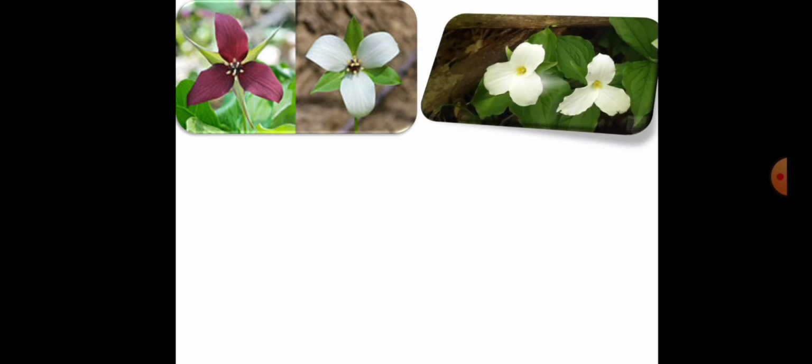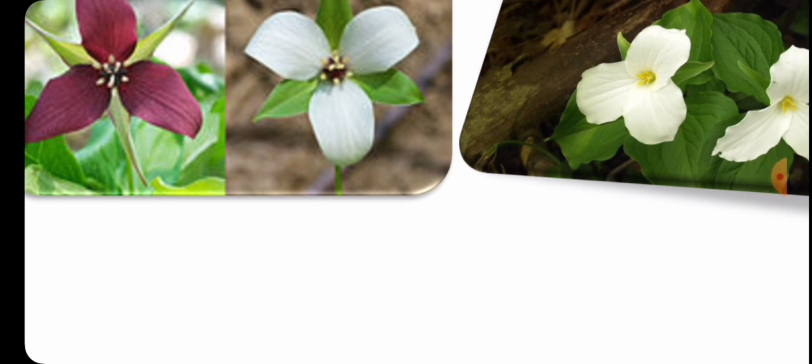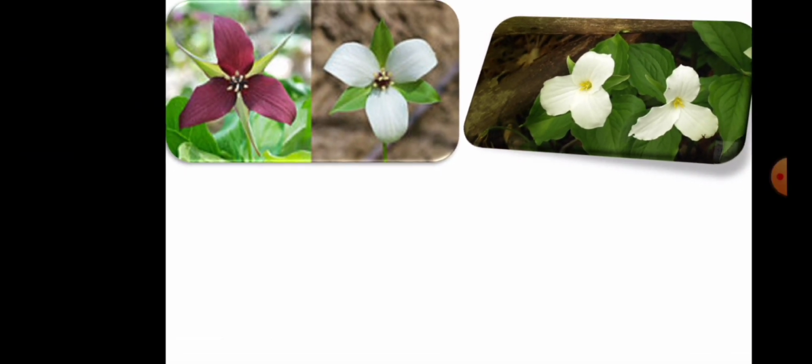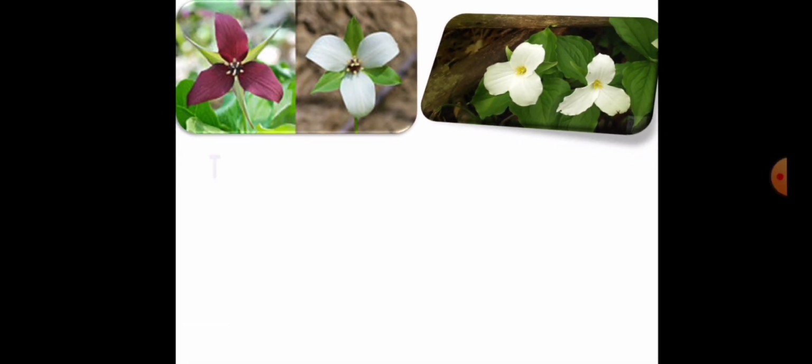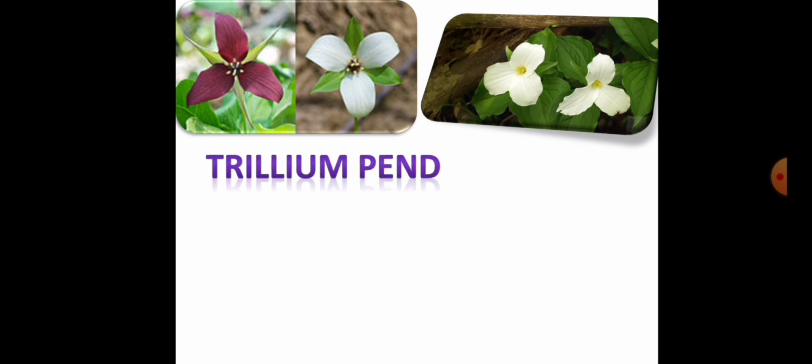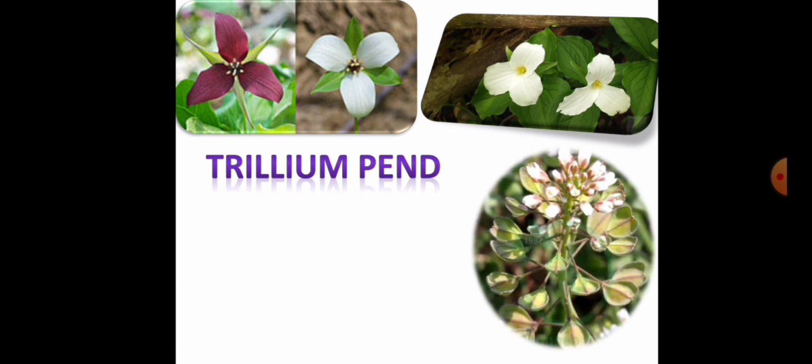One more drug you can see here, the flowers look something like this, which has only 3 petals, so we call it trillium pendulinum. This is also a mother tincture we can use for hemorrhage.